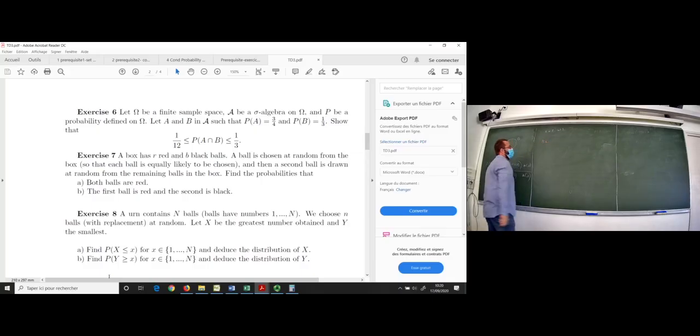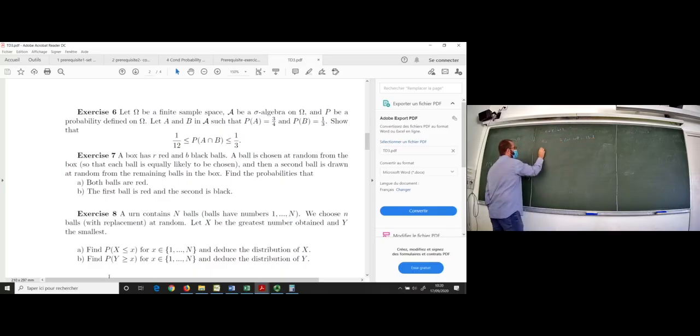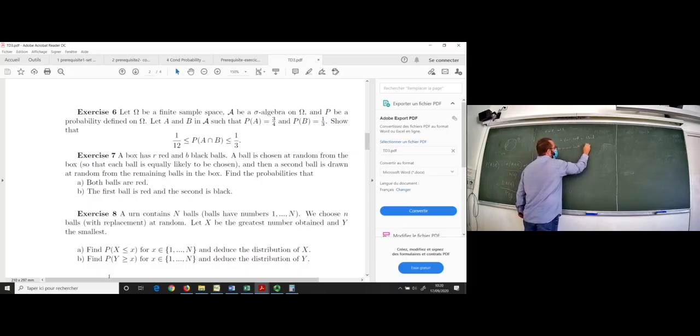I introduce B1, the set where the first ball is black; B2, the second ball is black; you have understood. R1, the first ball is red; R2, the second is red.